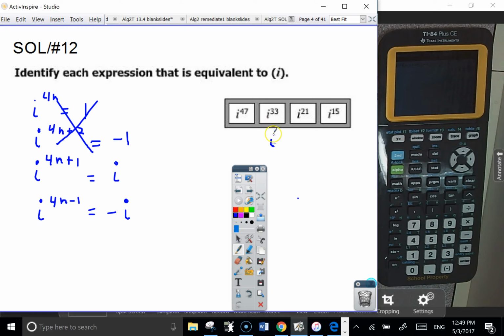Yeah, this one is. 33 is 1 plus 32, and 21 is 1 plus 20. Right, so that would be that. The 47 would be 1 less. That would be -i. And the 15 would be 1 less. That would be -i. So this is a technology enhanced item. You would click on these two right there.